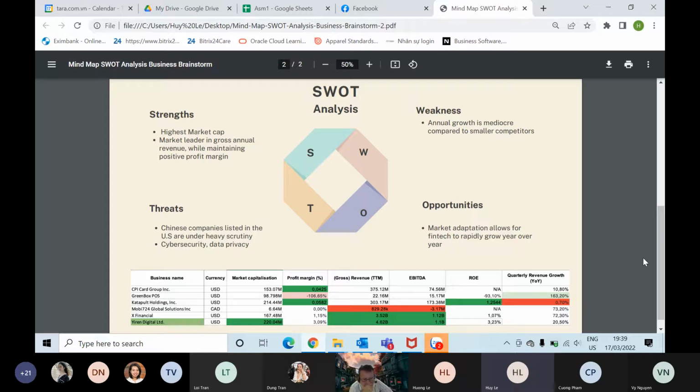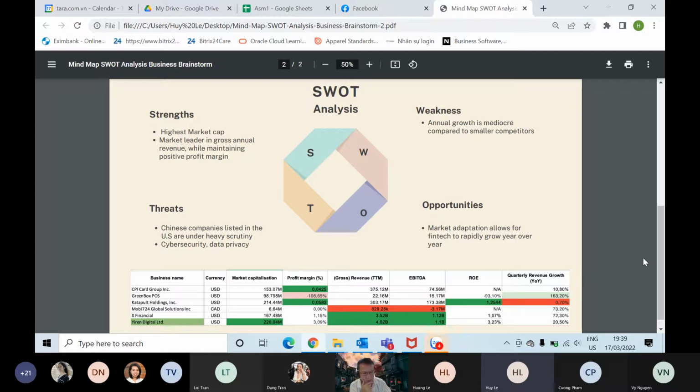As for opportunities, fintech as a whole industry, based on the average revenue growth of the six companies, has very high growth, which allows companies to continue growing and attract more capital from investors.